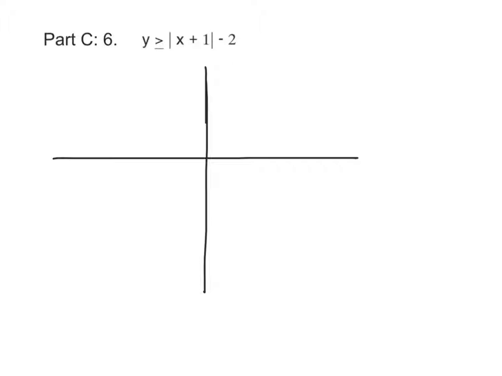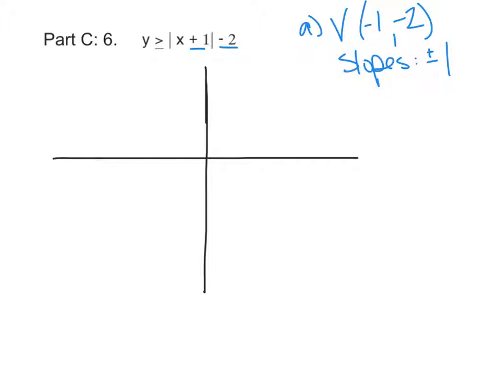One last inequality. y is greater than or equal to absolute value of x plus 1 minus 2. So first of all, the vertex is going to be negative 1 and negative 2. Slopes, since there's nothing that's being added outside or being multiplied outside here, that means the slopes are going to be plus or minus 1 because that coefficient is technically 1.